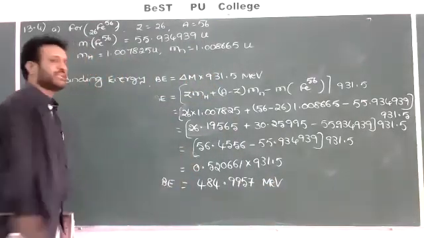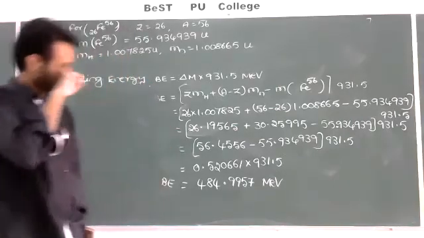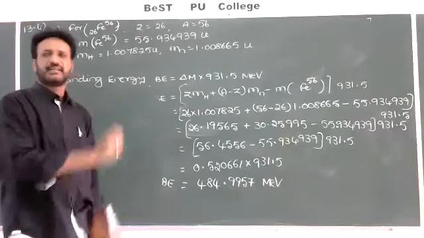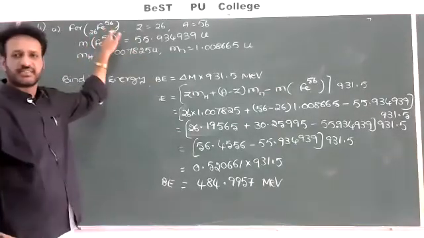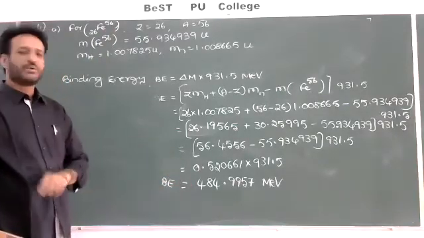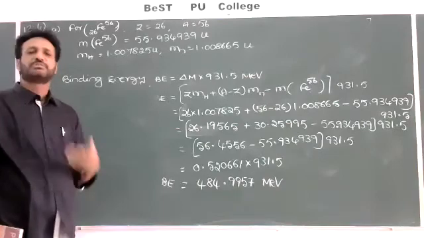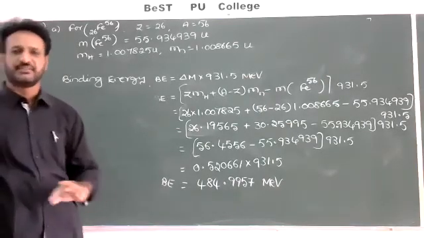If you divide this value by 56, check what we get. It is actually the binding energy, meaning to remove all 56 nucleons from the iron nucleus, this much energy is required. If you want to remove only one nucleon, how much energy is required? Approximately 8 point something, nearly 8.7 or 8.75, we will get.